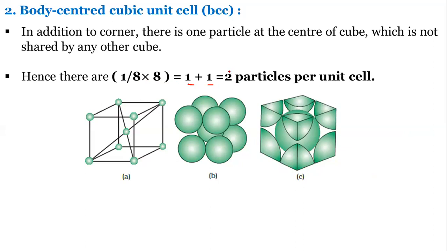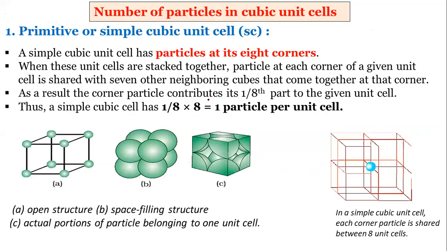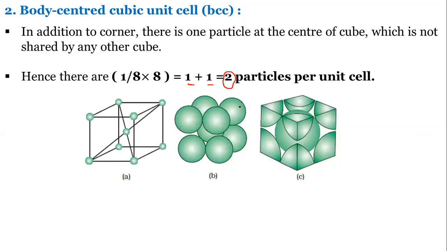So there are a total of 2 particles present in the body-centered cubic unit cell. In a primitive unit cell there is 1 particle; in a body-centered unit cell there are 2 particles. At the corners, 1/8 into 8 is equal to 1, plus 1 particle present at the center of the body of that unit cell.